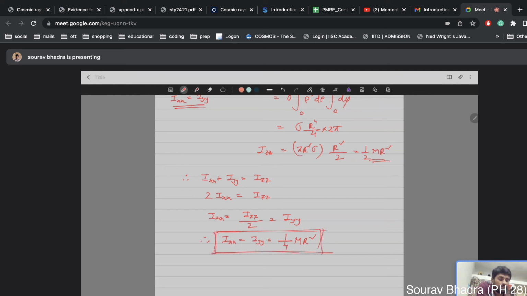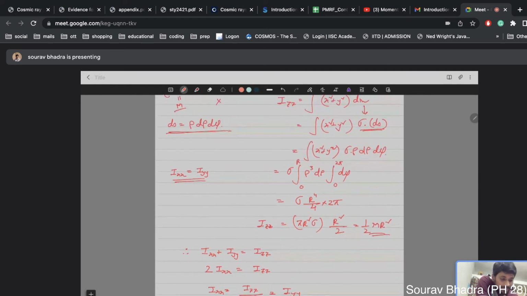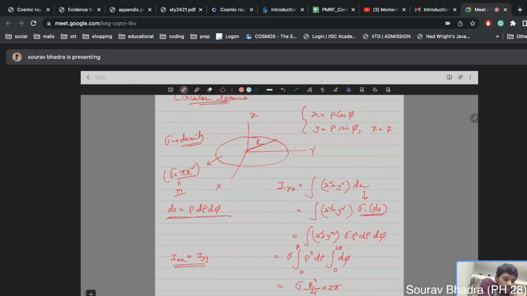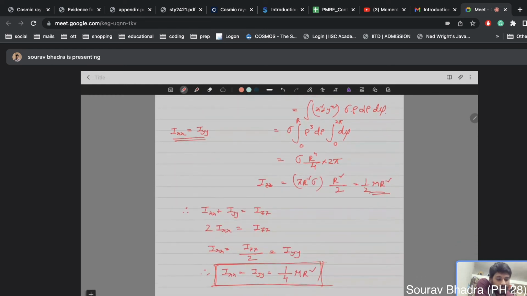Suppose you have calculated the Izz, and your body is a laminar body which has symmetry, I mean a symmetrical body. Then you can apply your perpendicular axis theorem, and without doing any integration for Ixx and Iyy, you can very easily calculate the value of those moments of inertia along those directions.